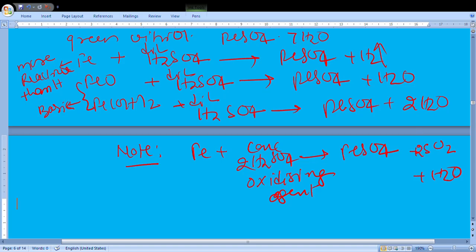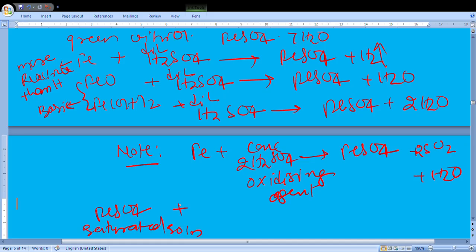Now similarly, that saturated solution of FeSO4 will be evaporated to get green vitriol crystals. The FeSO4 is a saturated solution, right?